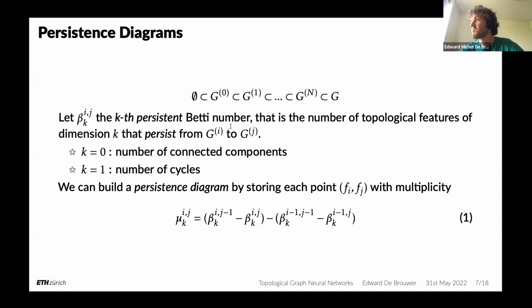Very easy ones are Betti numbers, which intuitively count the number of certain prominent topological features in a graph. For instance, the Betti number of dimension 0 is the number of connected components in your graph. Number 1 is the number of cycles, and then you can go on and go further, but of course it increases in complexity.